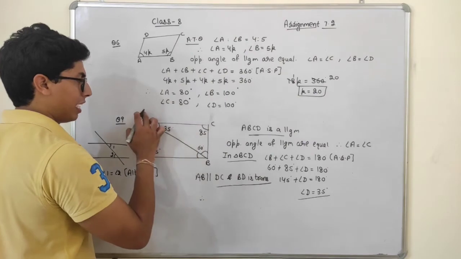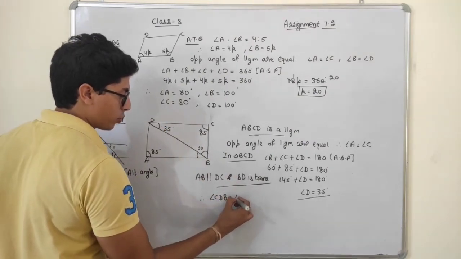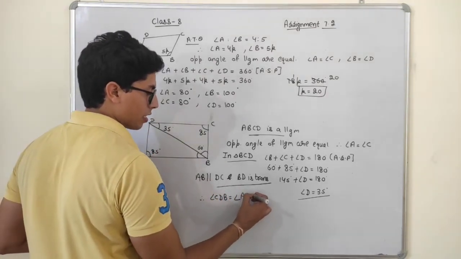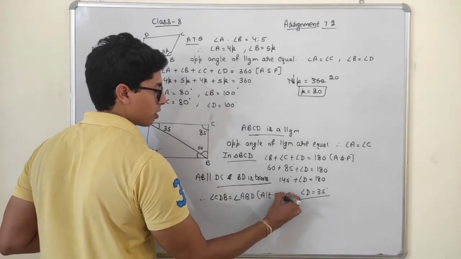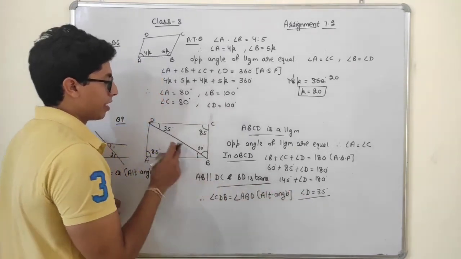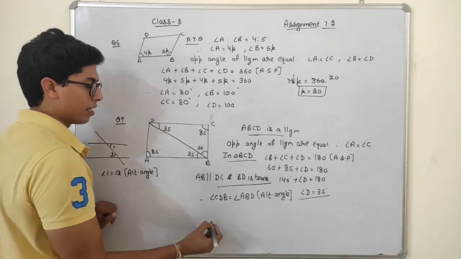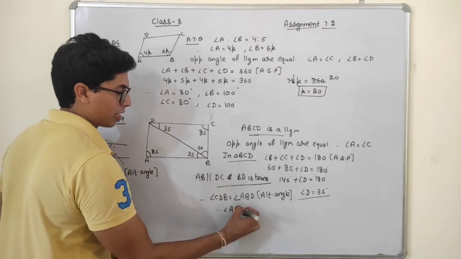Therefore, angle CDB is equal to angle ABD, and the reason is alternate angles, students. See, if this is 35 degrees, then this will also be 35 degrees. Therefore, angle ABD is 35 degrees.